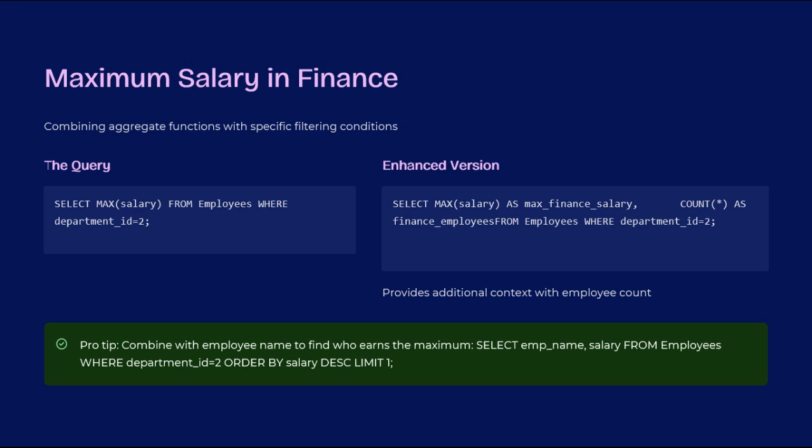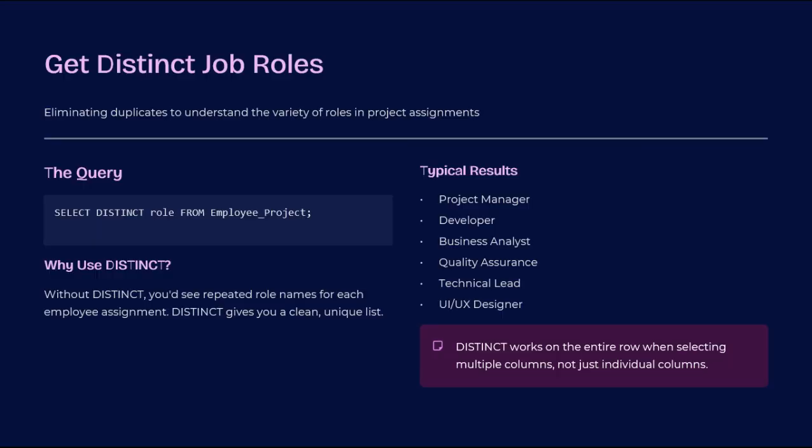So pro tip, combine with employee name to find who earns the maximum. Select EMP underscore name, salary from employees where department ID is equal to 2, order by salary desc limit 1. Right? So let's move to the next query.